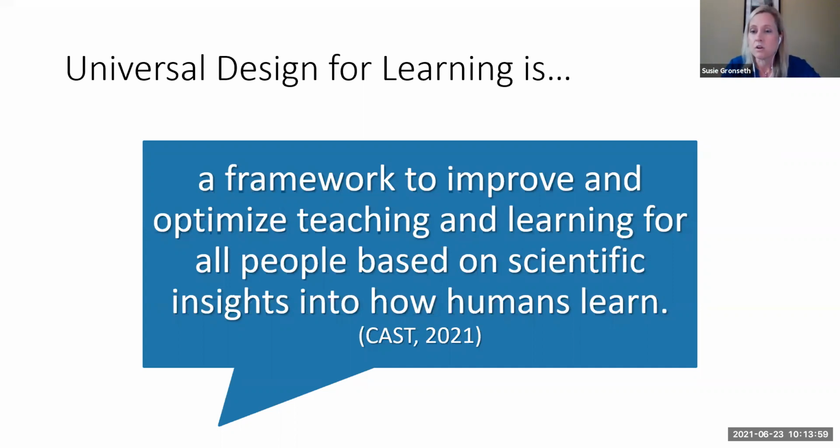We're seeing it being incorporated into education in a variety of contexts, from early childhood through adult learning, health professions education, military education, corporate training, professional development, and so on. We're really seeing this framework as a tool that designers can use to think strategically about who our learners are and how we can design for that variability.